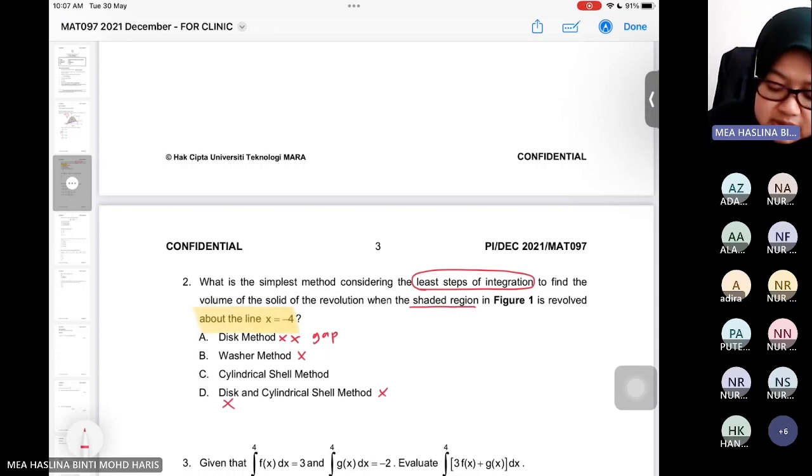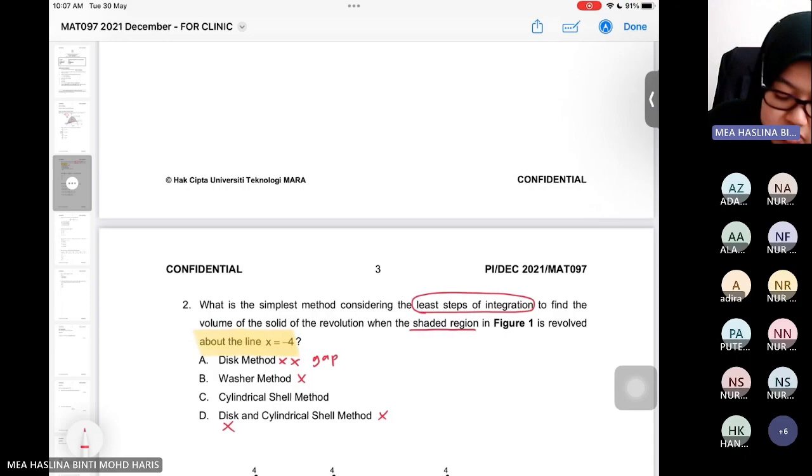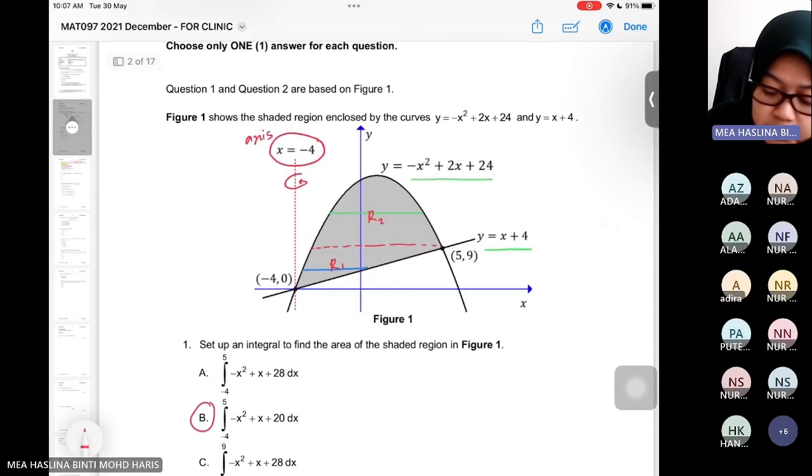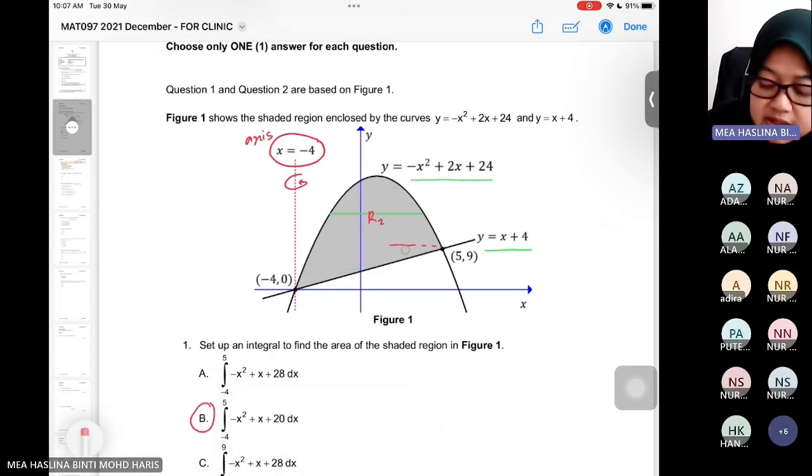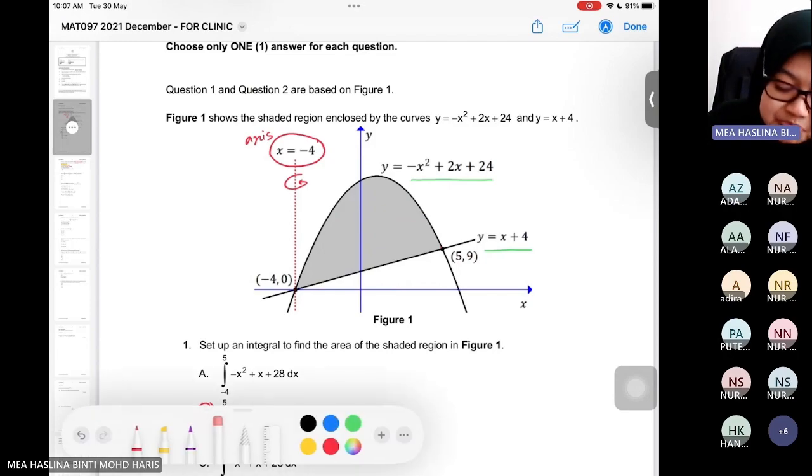For the cylindrical shell method, we have to check whether it also divides into 2 regions or more. The cylindrical shells method needs you to draw the strips parallel to the axis of revolution.